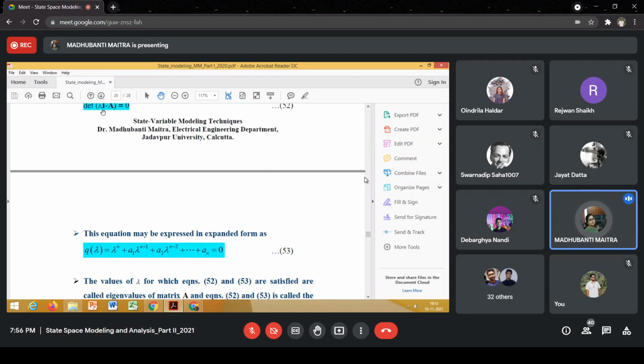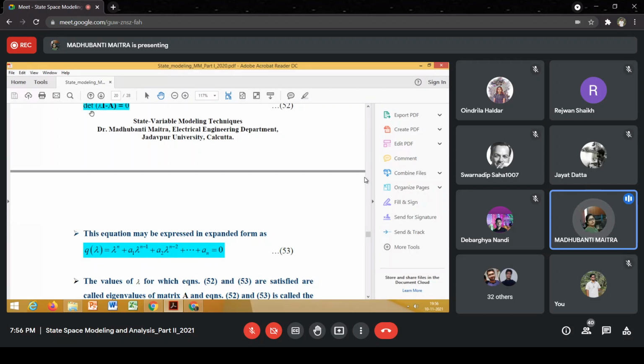In the previous case, where we considered the determinant of sI minus A, we discussed that the polynomial will be an nth order polynomial, and a function of s.